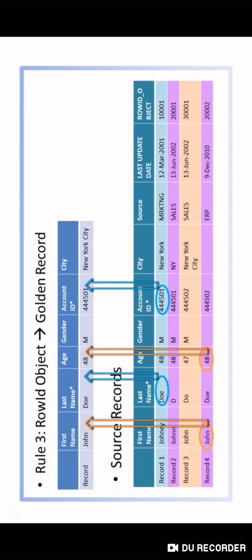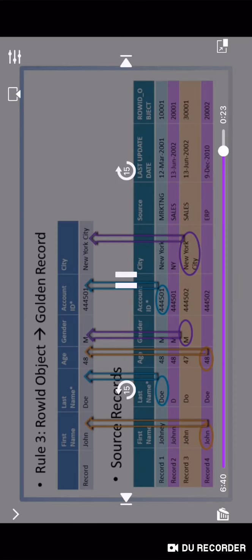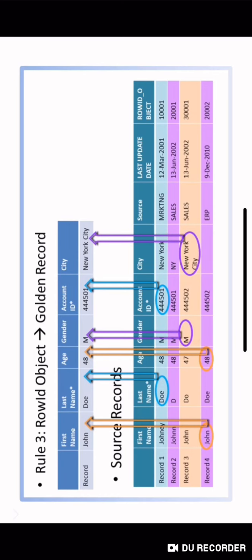Now records 2 and 3 have the same last update date. So which record is going to win? In that case, the ROWID object will be compared. As record 2 has a lower ROWID object than record 3, record 3 will survive. So the value M for gender will survive from record 3, and the same rule will be applied for the city, so New York City will survive as the city name.